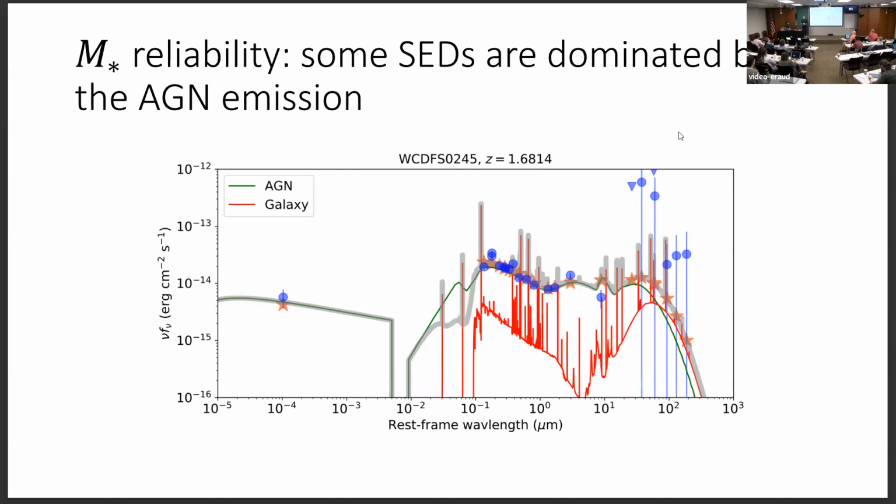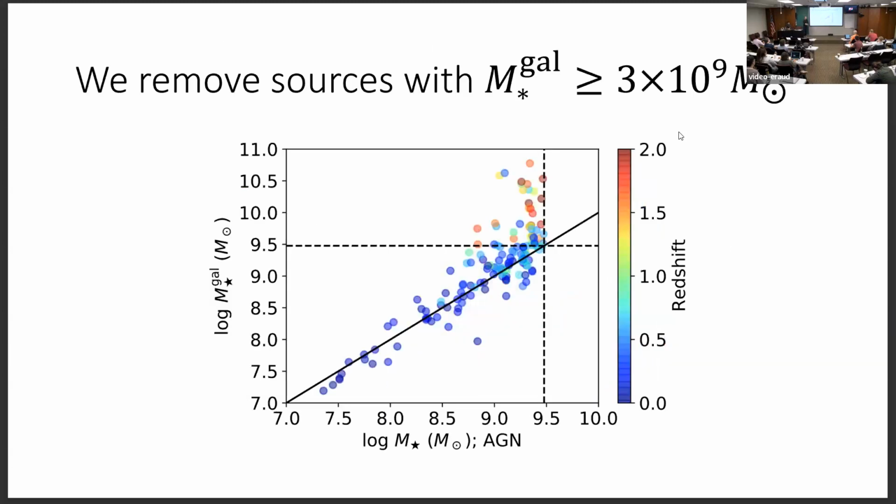So to avoid such cases, we use another criterion. First, our stellar mass is measured based on fitting the SED with an AGN component. And then we remove the AGN component, we only fit it with a galaxy component. So that means we attribute the AGN emission to its galaxy emission.